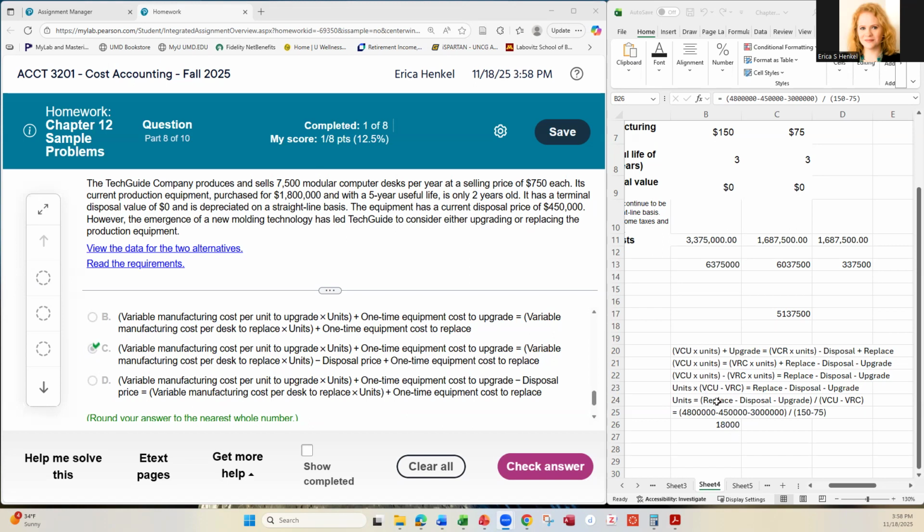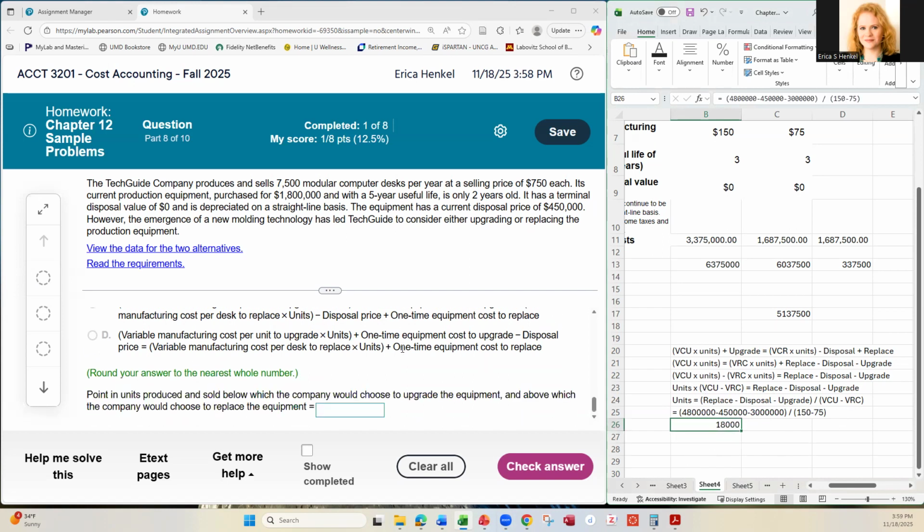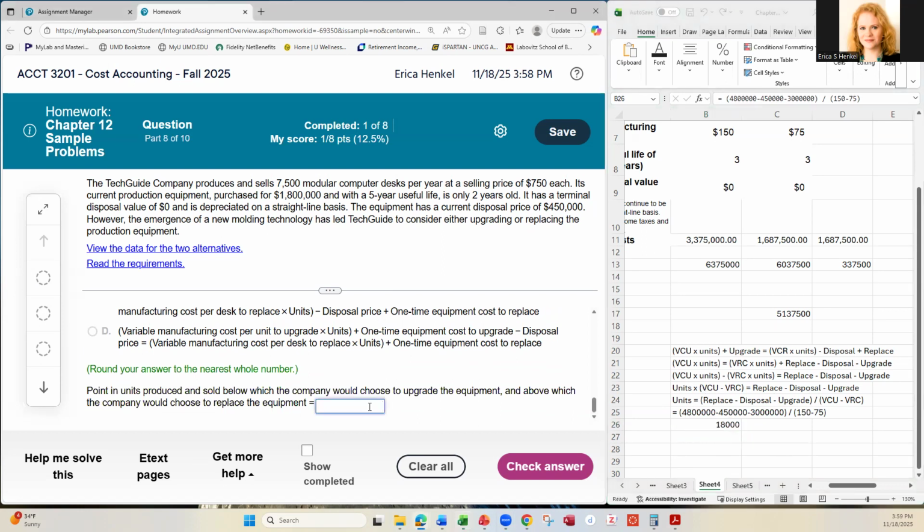So that's the replacement cost minus the disposal minus the upgrade, divided by the difference in variable costs between the two. When I run that math, it gets me to 18,000 units. So we had to do this one algebraically.